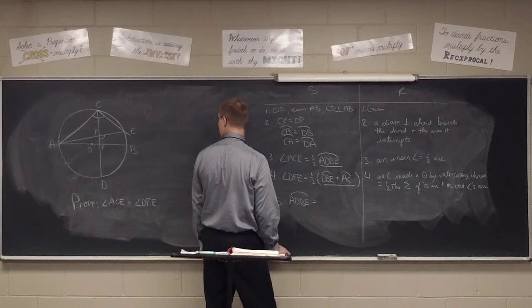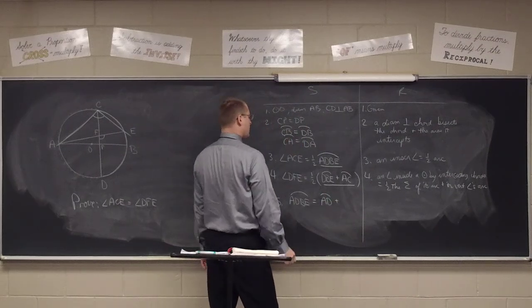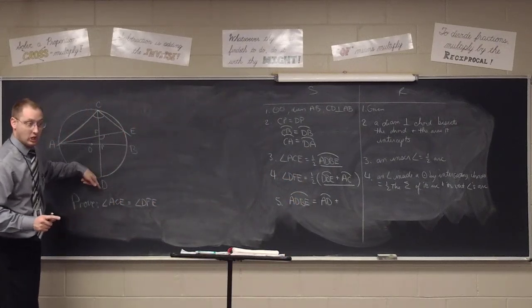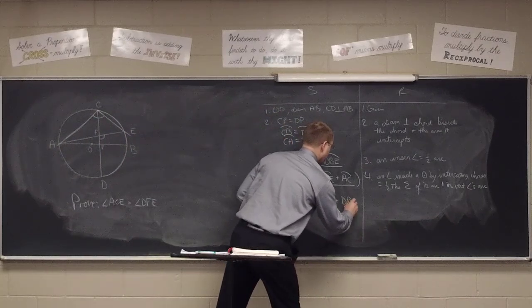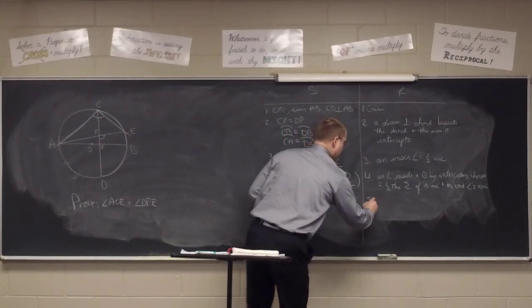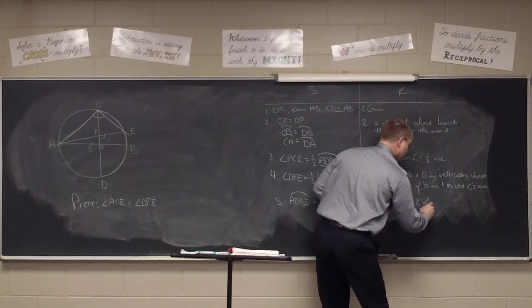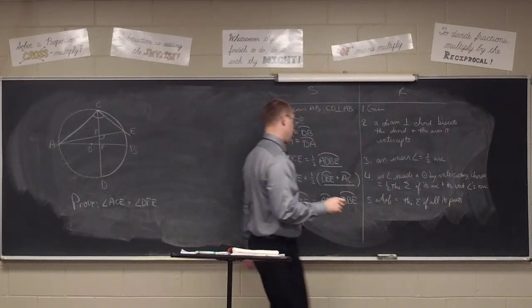AD plus DB, or DBE. I would go with all of DBE as one collective because it's all one collective here, right? So let's say DBE, because the whole equals the sum of all its parts.